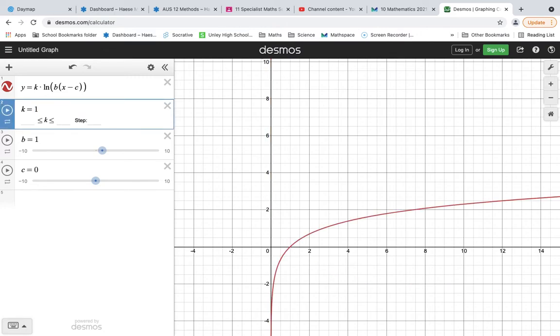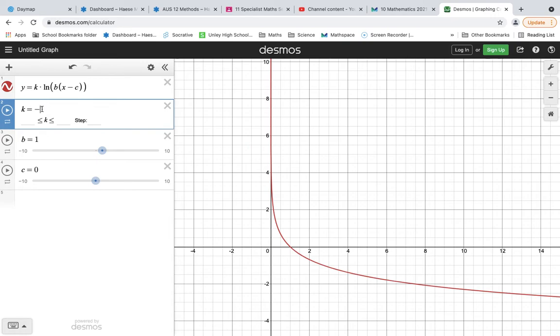So there's our regular y equals log x, taking on this shape. You can imagine everything flipped about the x-axis, or reflected about the x-axis, if I just whack a minus on there, right? Because all the negative y values have now become positive, all the positive ones have become negative, right?